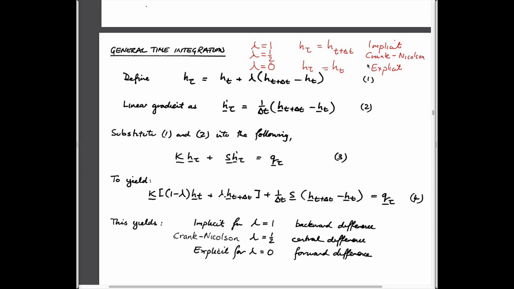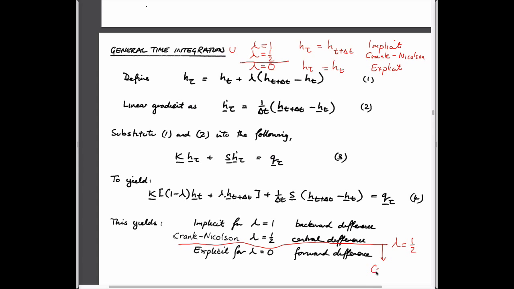This is unconditionally stable. And so it's written down at the bottom. Lambda equals a half is the dividing line.